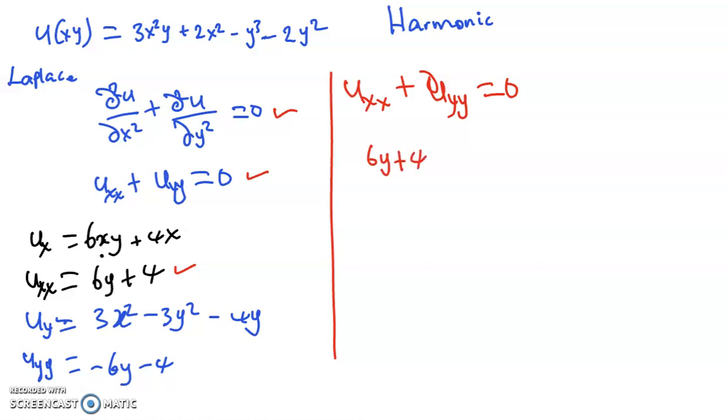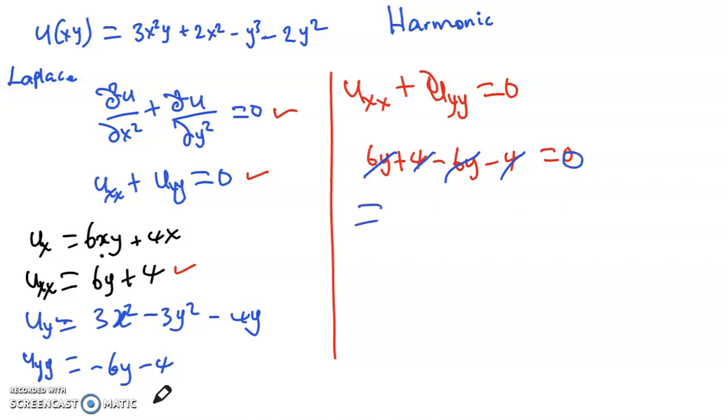And in the second differentiation with respect to y, we've got minus 6y minus 4. Is this equal to 0? Let's find out. We've got plus 6y minus 6y, so this is 0. This is plus 4 minus 4. This also is gone. So the answer is indeed 0.